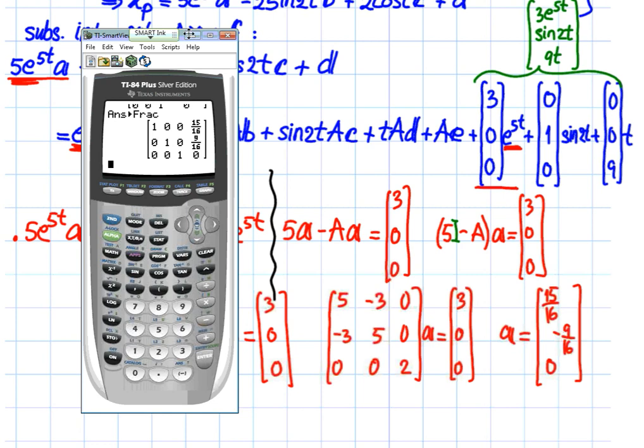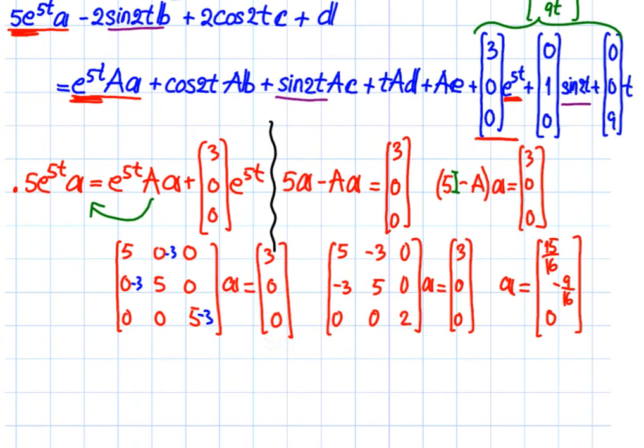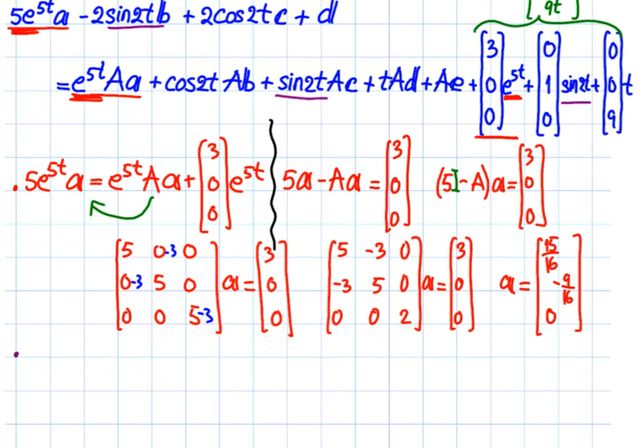Right. That's a. Now we will match the sine 2t and cosine 2t. That's a little bit of work. Right. Next, we have sine 2t here, and the sine 2t here, and the sine 2t there. So negative 2. Now we just ignore the sine 2t.